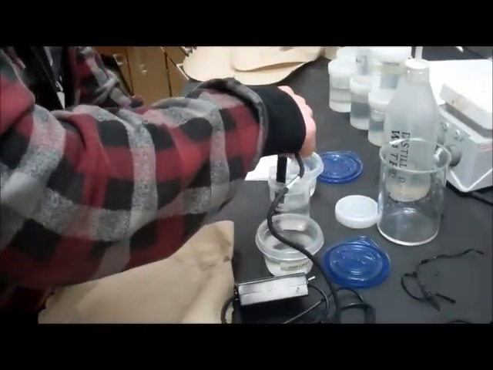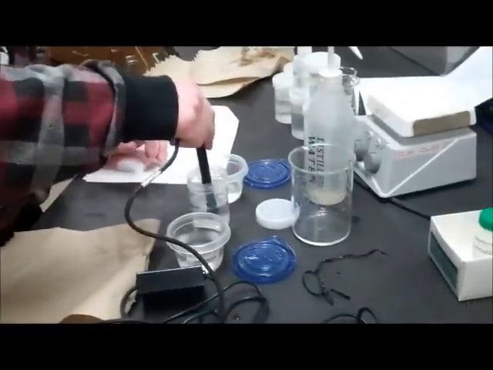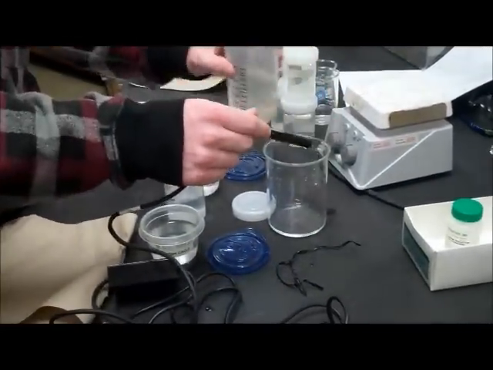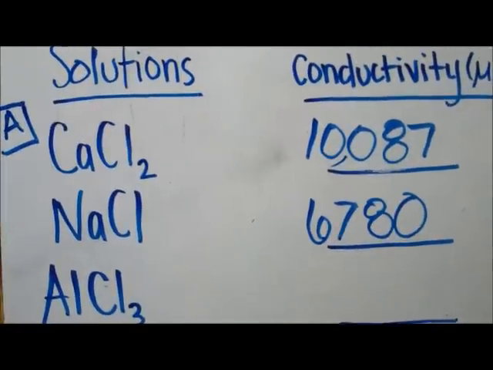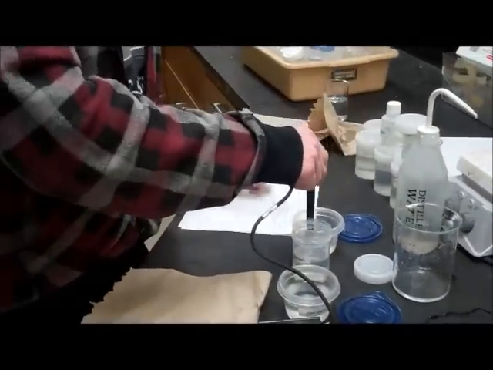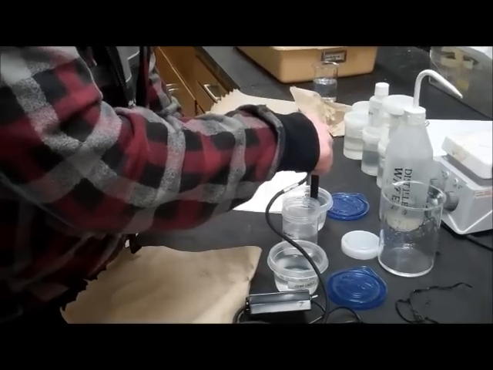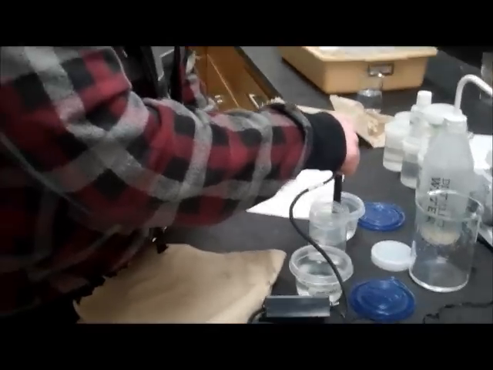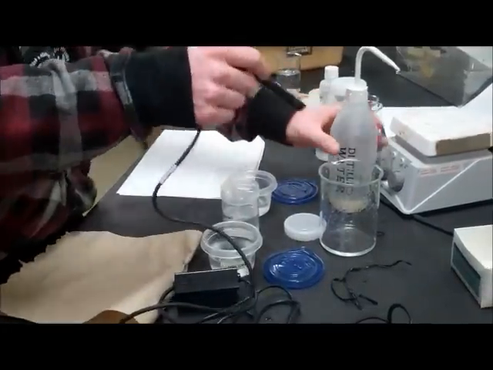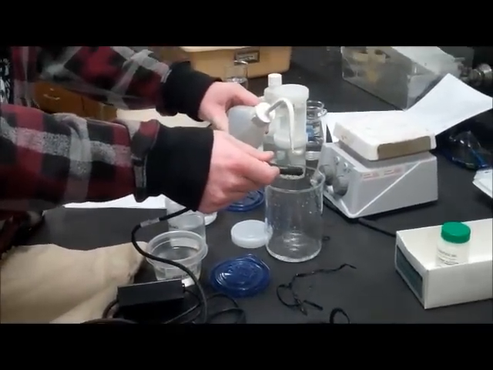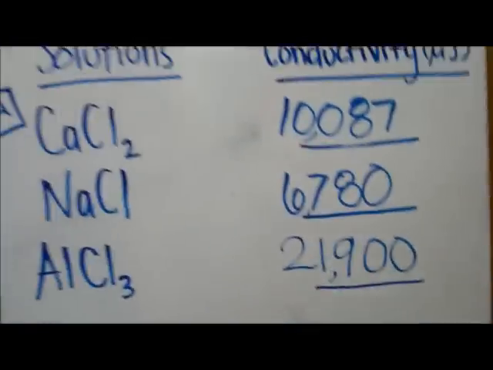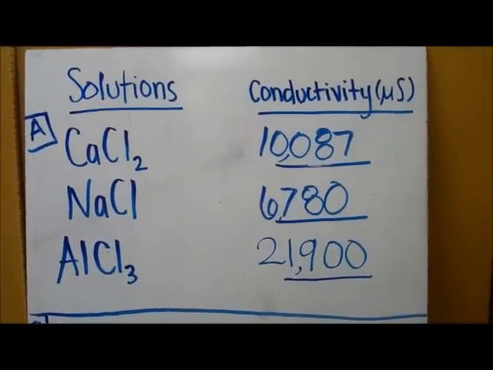The reading is 6,780. The reading is 21,900. So that is group A.